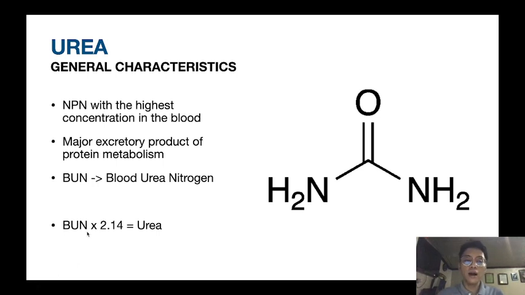So when you are given a measurement in BUN, you have to multiply it by 2.14 to get the measurement of urea. For example, if the BUN is 10 mg/dL, then 10 times 2.14 is 21.4 mg/dL of urea.